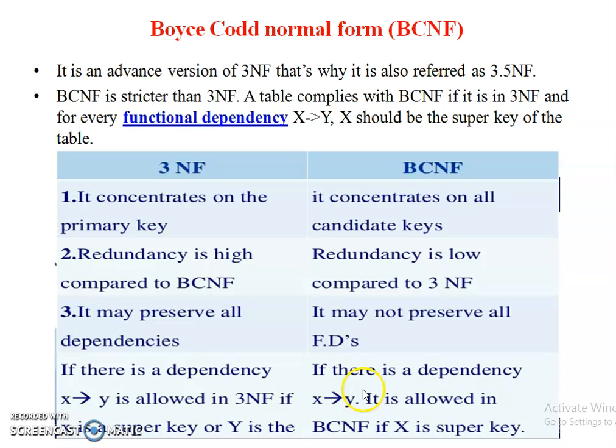So 3NF is weaker than BCNF and BCNF is stronger than 3NF.